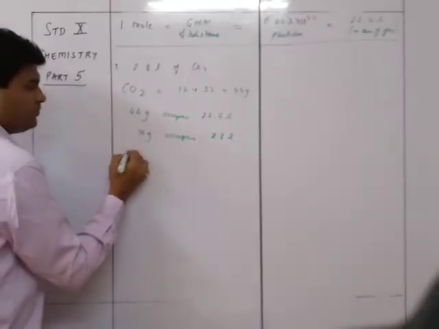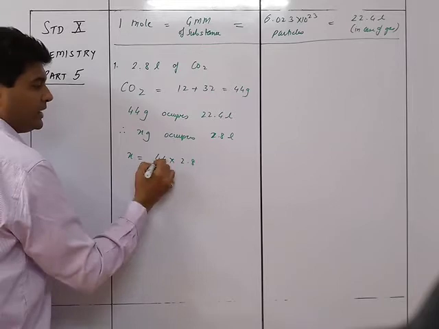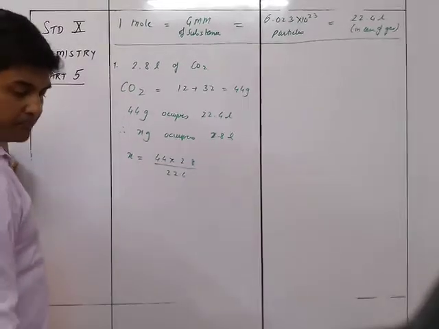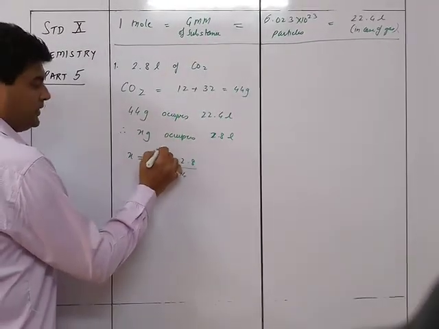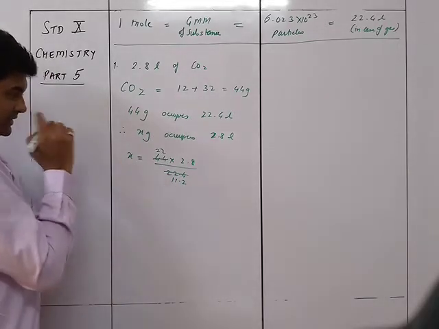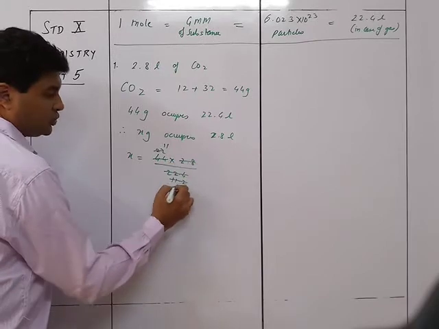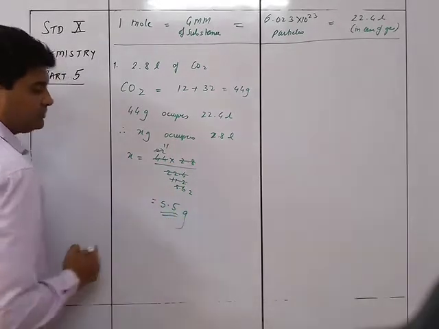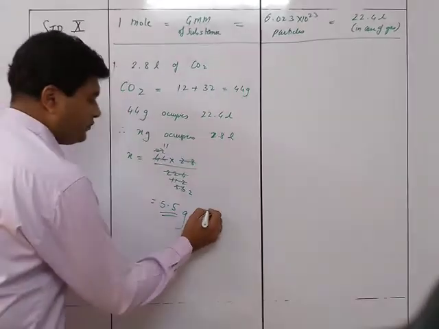X is equal to 44 into 2.8 upon 22.4, which gives 5.5 grams of CO2.